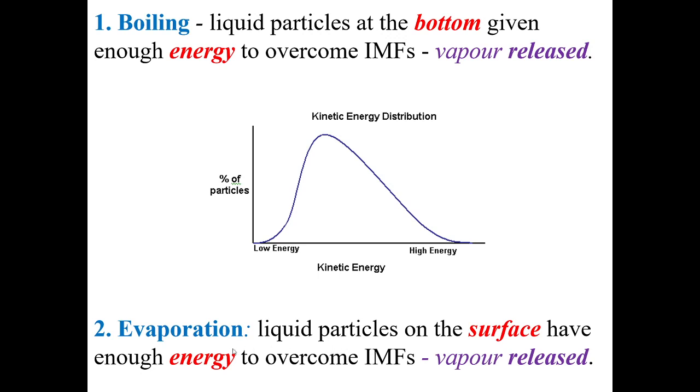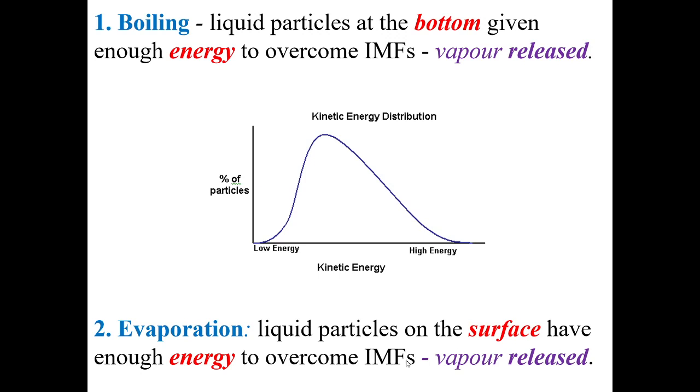That's because they're getting enough solar energy to overcome those IMFs. They don't need the same amount of energy that it requires to boil. It doesn't need to hit 100 degrees Celsius to get to that temperature where it can evaporate. All it needs is enough to just overcome the IMFs on the surface. And I'll show a picture here right away of why that's different.